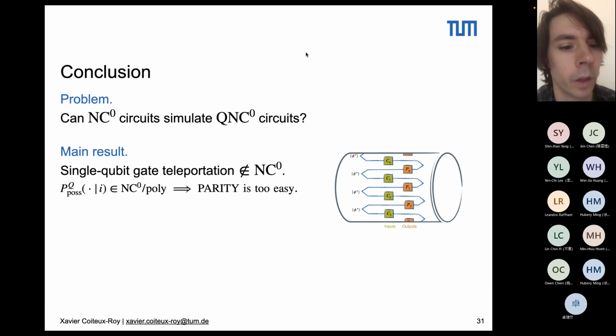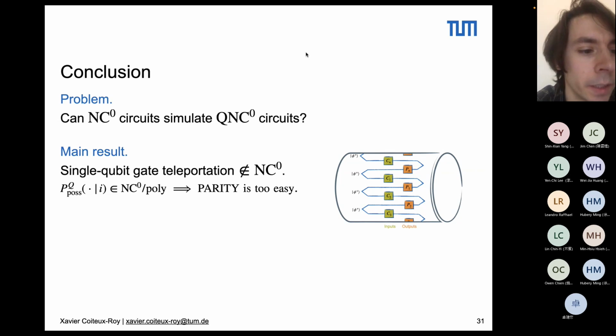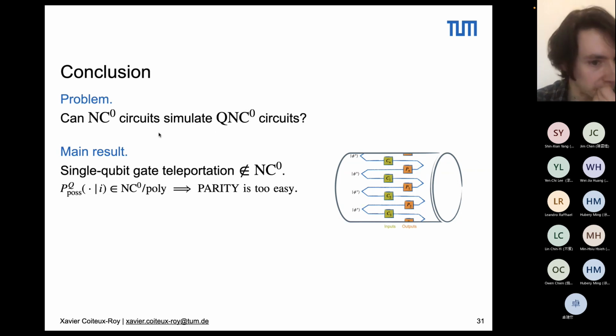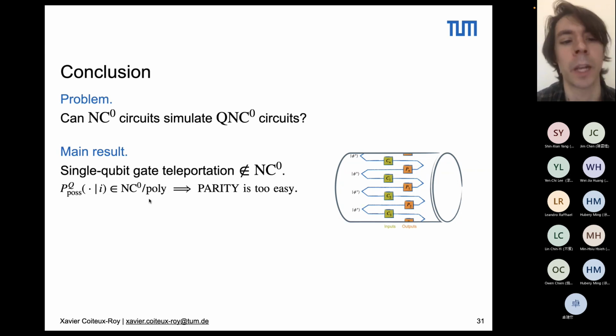More precisely, the relation problem of possibilistically simulating the conditional probability distribution given the Clifford inputs does not belong to NC0, because if it was in NC0, then parity would be in AC0, which is too easy, which is a contradiction. And here this poly means that the circuit can be non-uniform, so it applies to both uniform and non-uniform circuits.